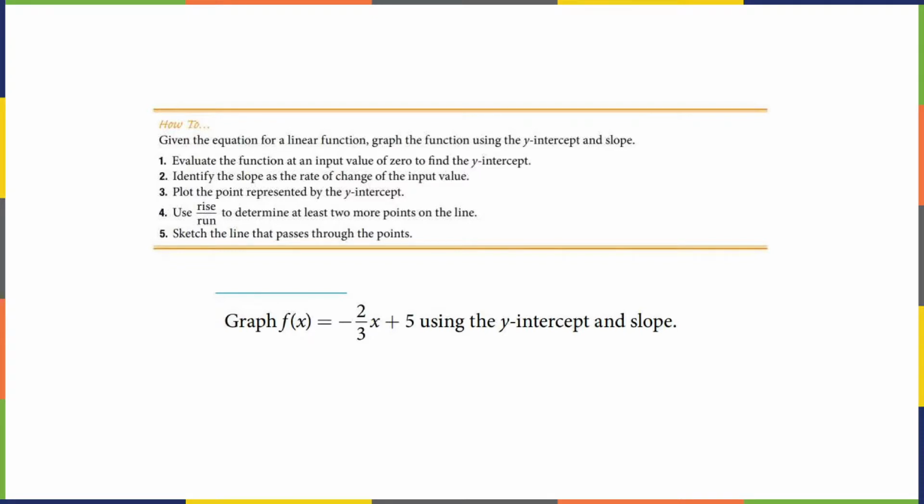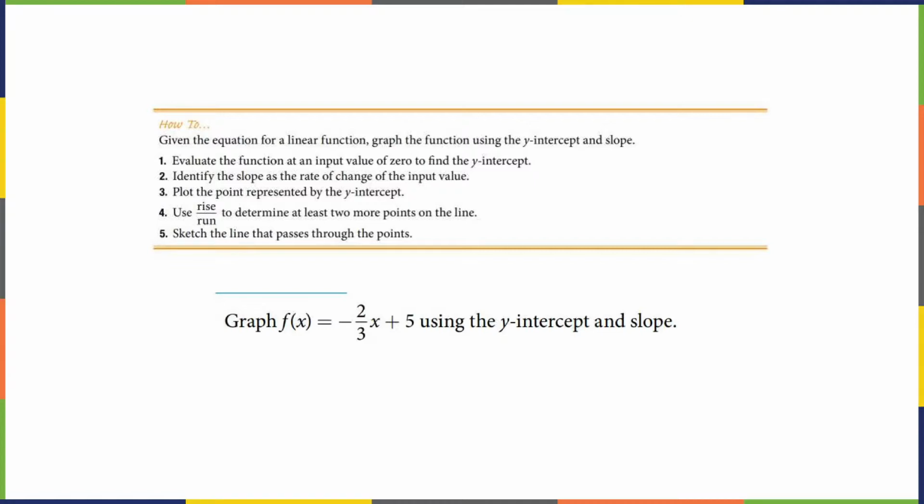Now, let's say you're given the equation for a linear function and you want to graph it using the y-intercept and the slope instead of plotting points. So in this case, you're going to find the y-intercept, and then you're going to find the slope. You're going to plot the y-intercept, and then you're going to use rise over run to determine at least 2 more points on the line.